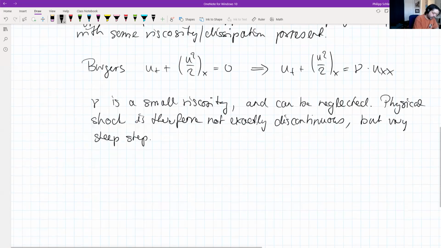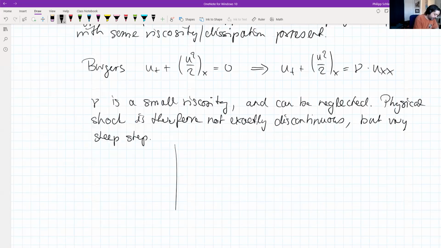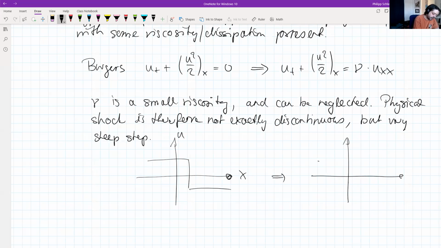So if we have the solution to the hyperbolic problem, which would be maybe a shock like this, where this is u and this is x, this would then be in the physical problem something like this. So I try to plot it. It's a very steep, but still continuous step function here.